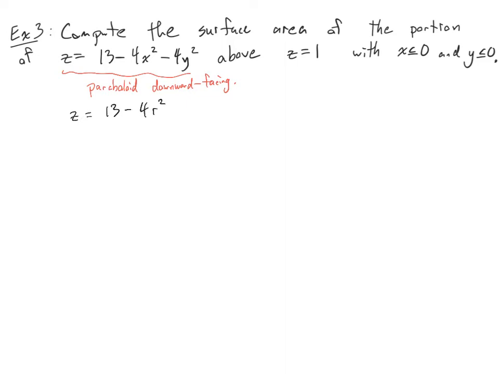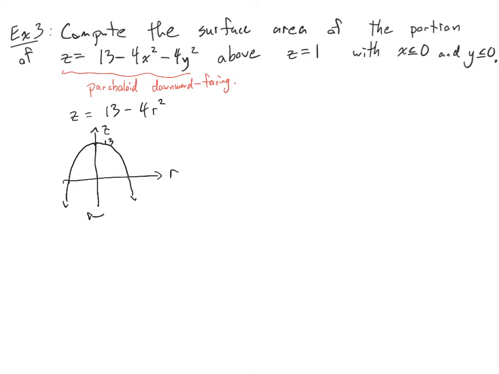In the z-r plane, you go up to 13, there's some intercept, and then that's a downward facing parabola. If you spin this around, you get a paraboloid that's downward facing.